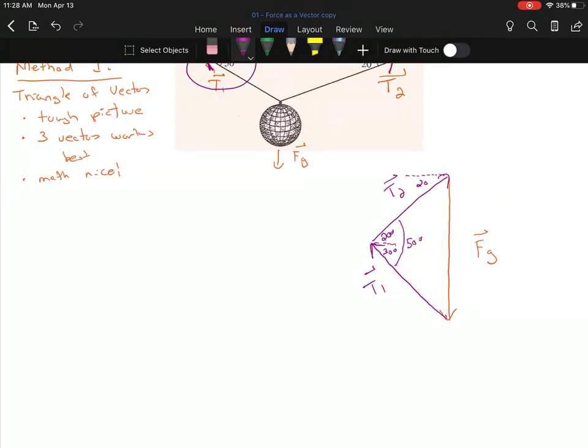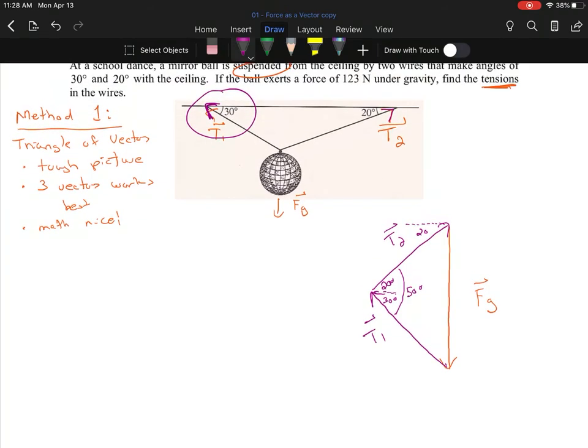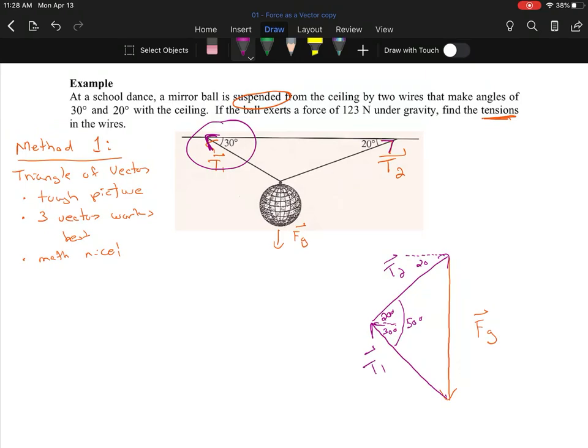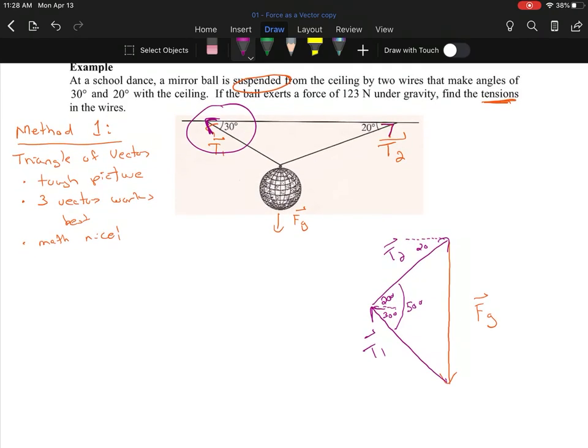Well, if you get to that phase, that's the difficult part of the diagram, getting that all on there. They didn't tell us the first tension. They told us that this force of gravity is 123 newtons. That's what they did tell us. But we've got some angles we can work with in here now.